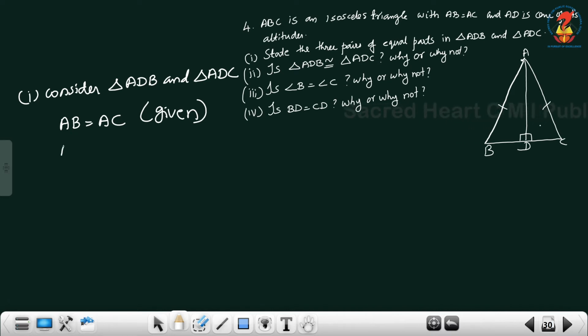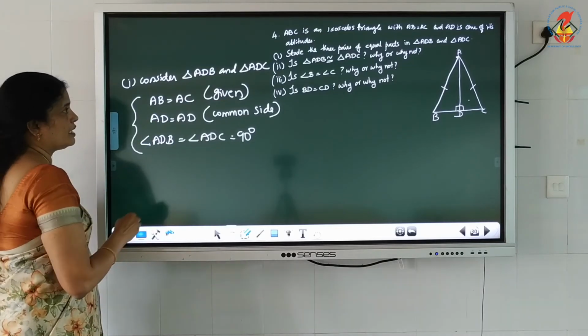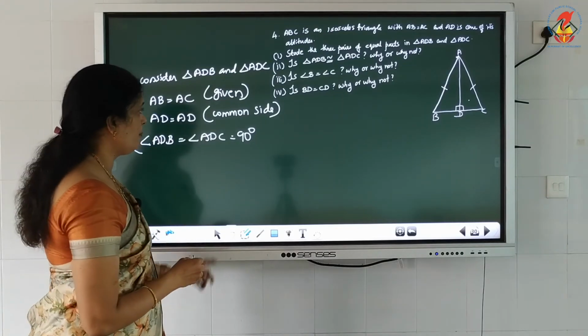AD equal to AD, common side. Angle ADB equal to angle ADC equal to 90 degree. These are the three pairs of equal parts.